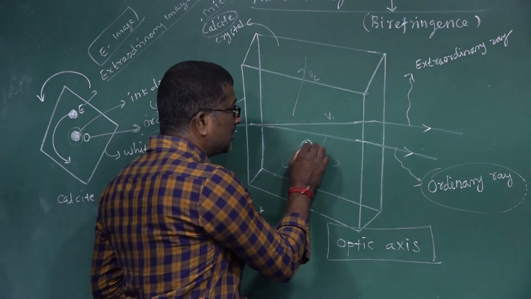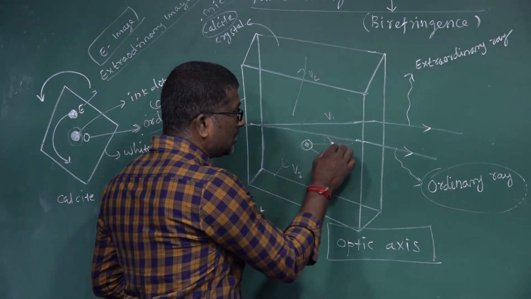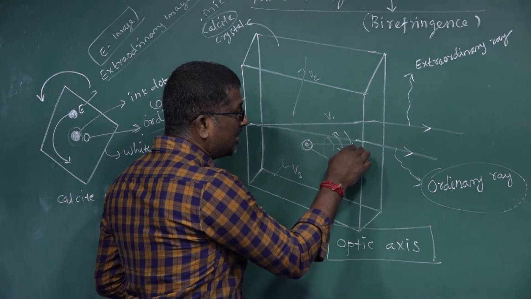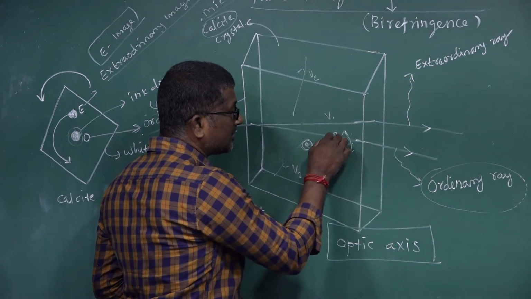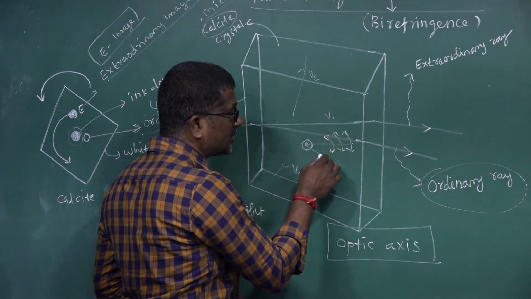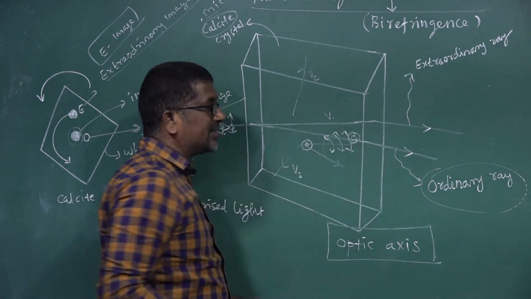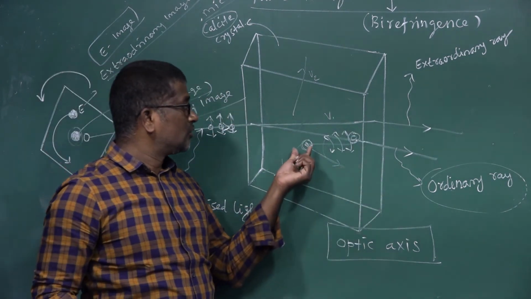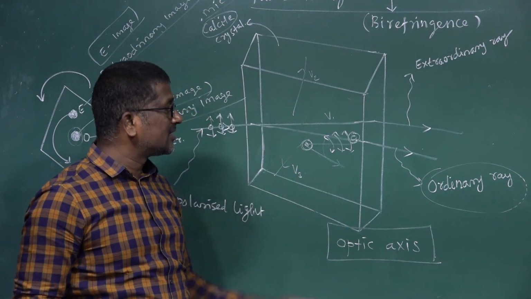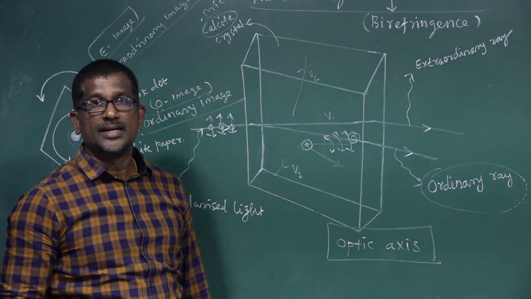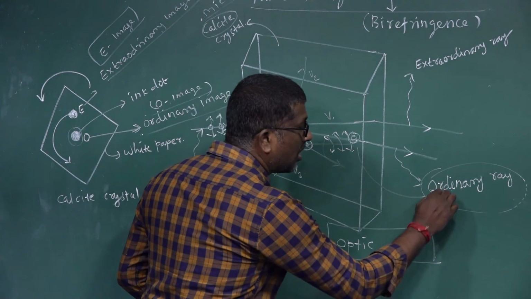The ordinary ray produces a spherical wavefront. So a point source inside the double refracting crystal produces a spherical wavefront corresponding to the ordinary ray.